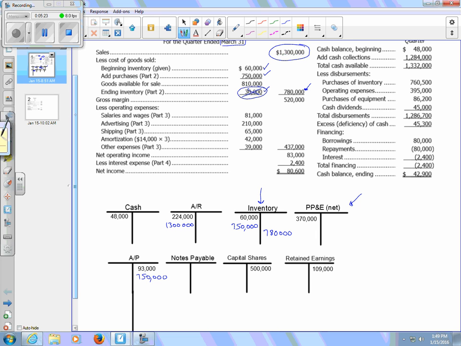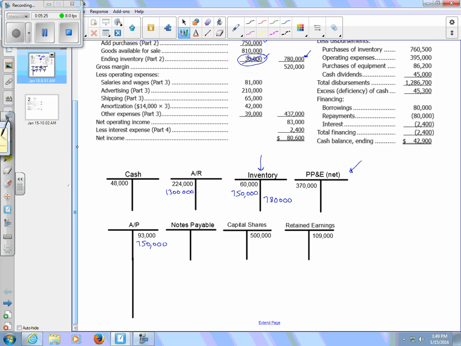And with the expenses, we assume that the expenses were all purchased on credit. So salaries, we're going to take the 81,000 and we're going to put it in the accounts payable account. Same with advertising. We purchase it on credit and then we pay for it later.